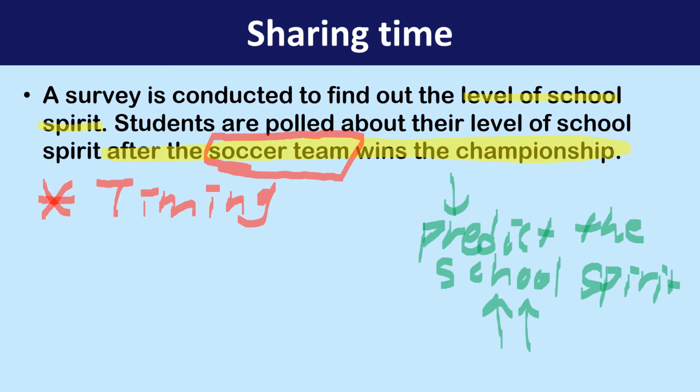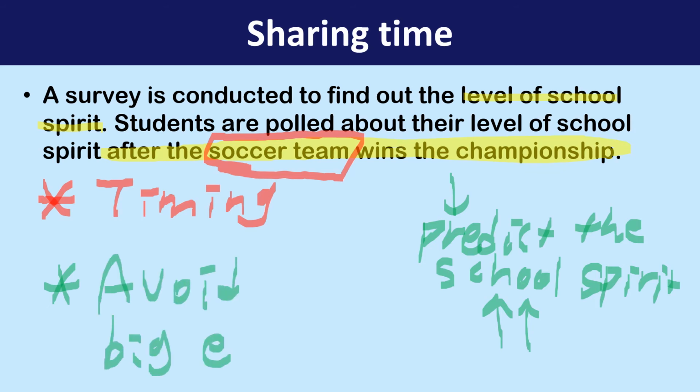If we lose, some of them will say no. I mean, there are some loyal fans too, but that's the problem: the timing. So for appropriate timing, I like to say avoid big events, if you really want to find out the objective point of view of your school spirit.